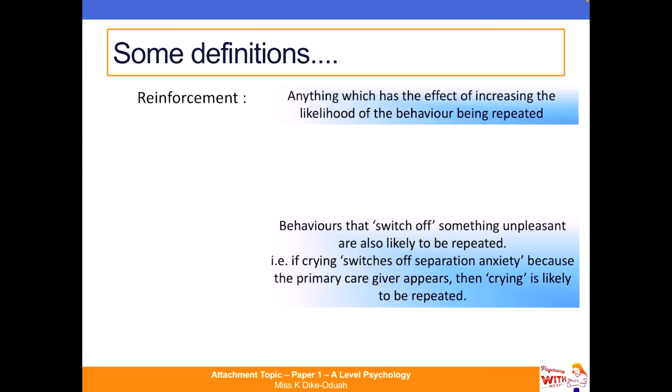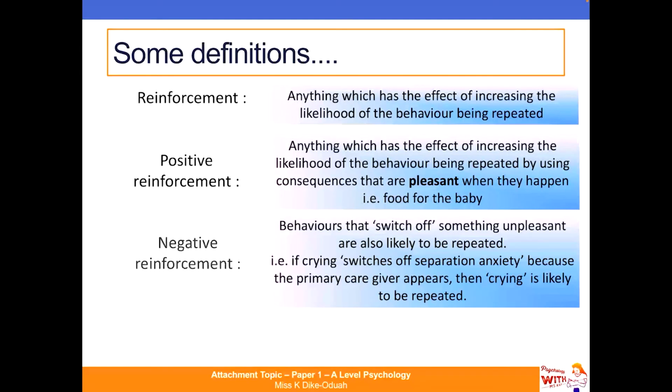Some definitions for operant conditioning. Firstly, we have reinforcement, our broad term to outline that anything which has the effect of increasing the likelihood of the behavior being repeated. So anything that reinforces a particular behavior. Then there are two types of reinforcement.